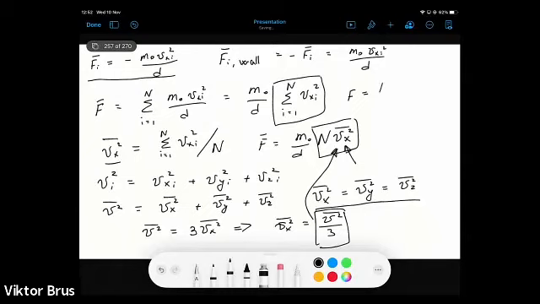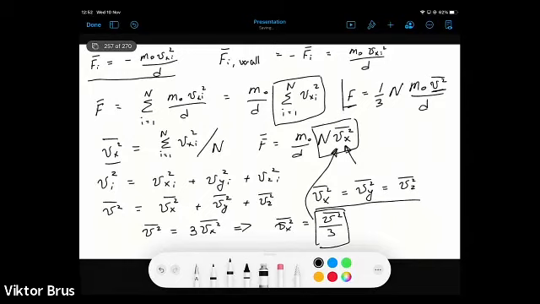So that will be 1/3 times N times M naught V square average divided by D. So that is the equation which defines the relationship between average force and velocity of these molecules.